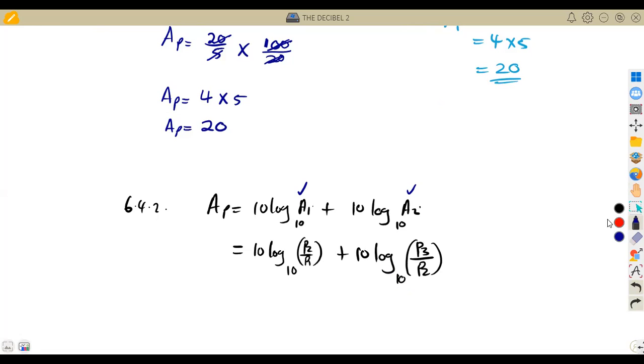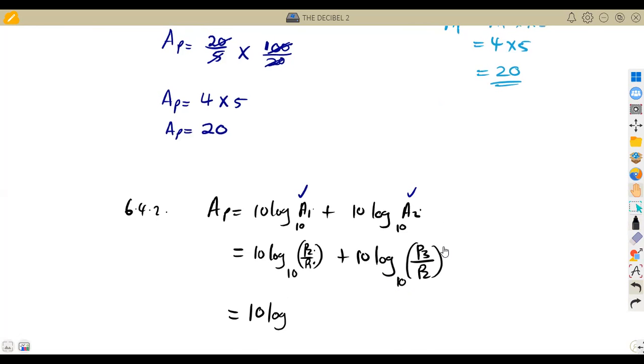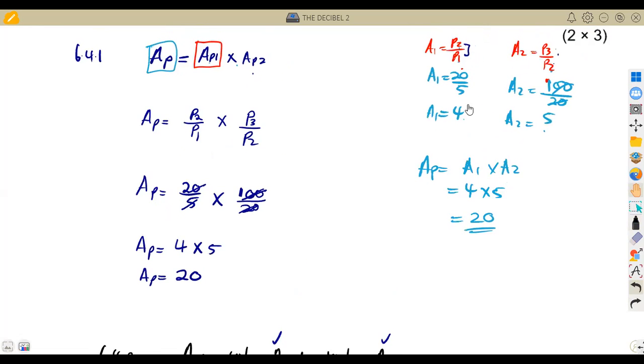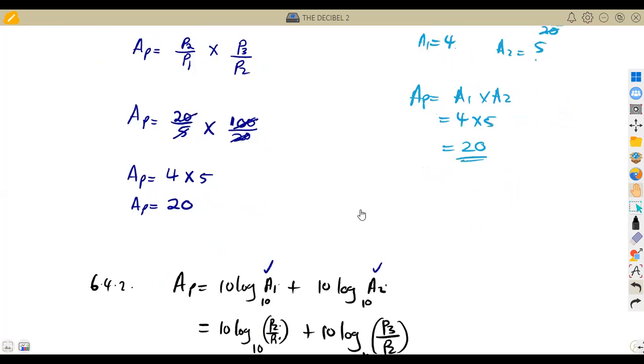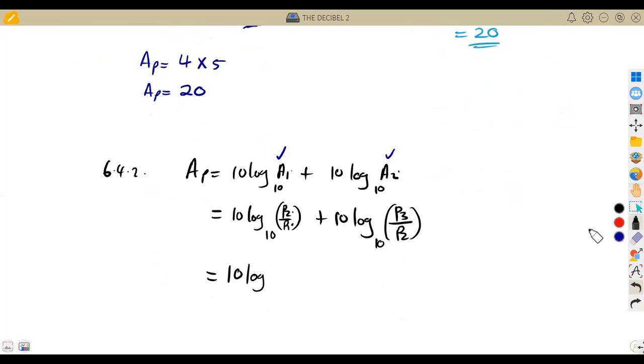So I'm going to explain on a calculator what I'm trying to say. So this is going to give us 10 log of P2 over P1. We calculated this before, guys. Just a repetition here. P2 over P1 was 20 over 5, which gave us a 4, plus 10 log with a base 10 there, P3 over P2, remember that was our 100 over 20.